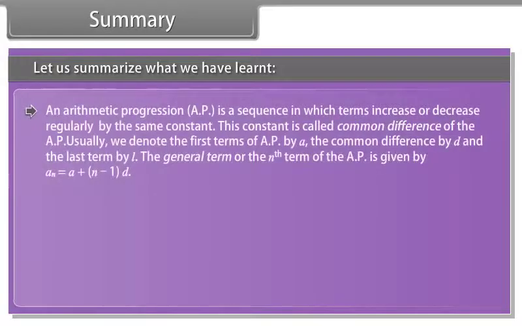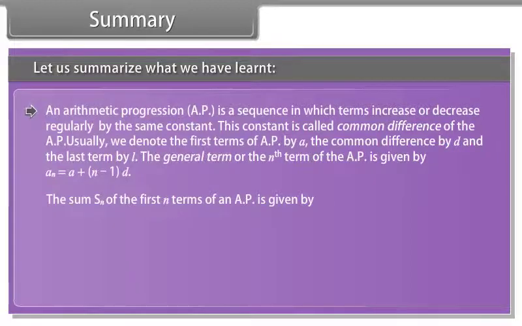An arithmetic progression, AP, is a sequence in which terms increase or decrease regularly by the same constant. This constant is called the common difference of the AP. Usually we denote the first term of an AP by A, the common difference by D, and the last term by L. The general term or the nth term of the AP is given by a formula, as is the sum Sn of the first n terms of an AP.